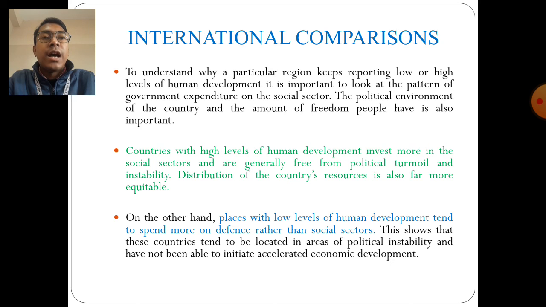For example, our neighboring country Pakistan is not so good in terms of human development because they have been investing a lot of money on defense rather than investing in the health and education sector. So this shows that these countries tend to be located in areas of political instability and have not been able to initiate accelerated economic development.